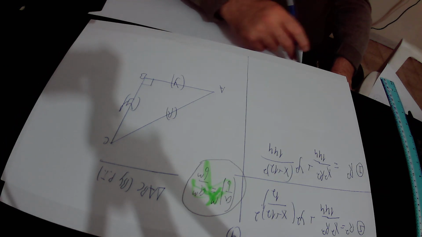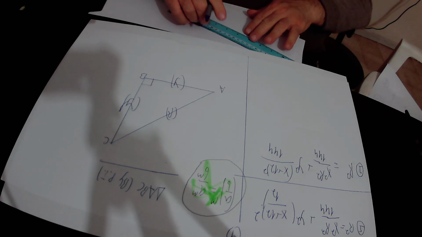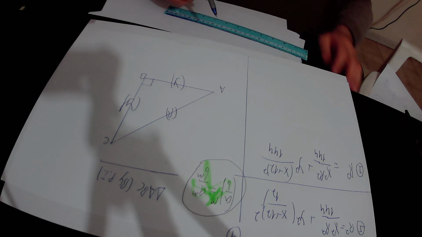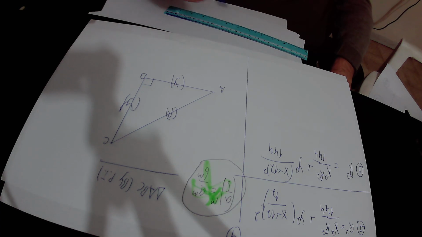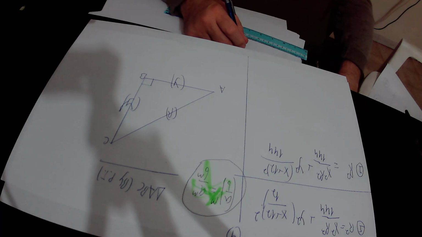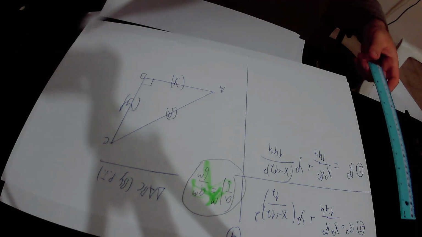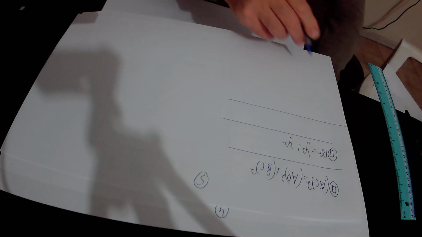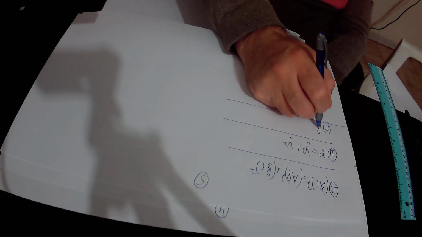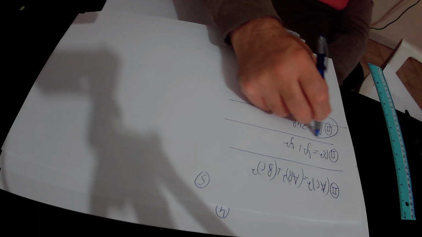AC is R, therefore AC square is R square, equals AB square. AB is y, therefore AB square is y square, plus BC square. BC is also y, therefore BC square is y square. In conclusion, we can find out that r square equals y square plus y square. So according to equation 2, r square equals 2y square.